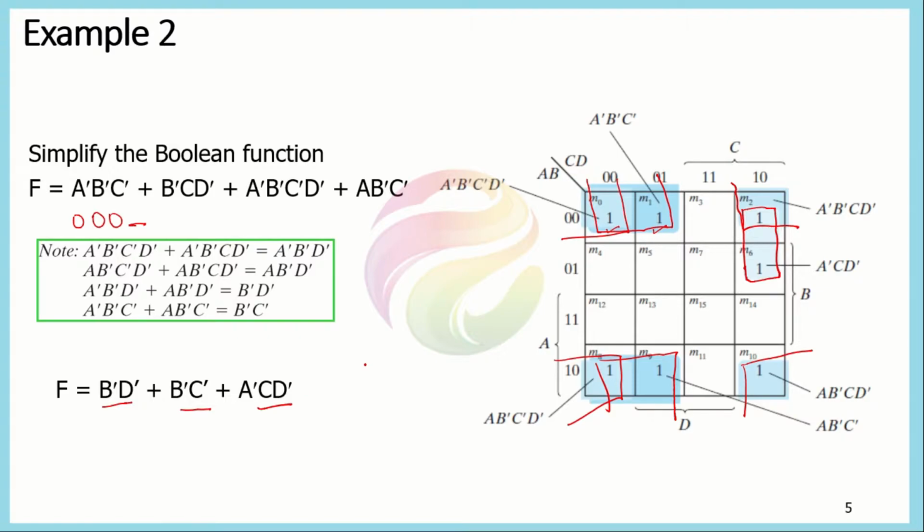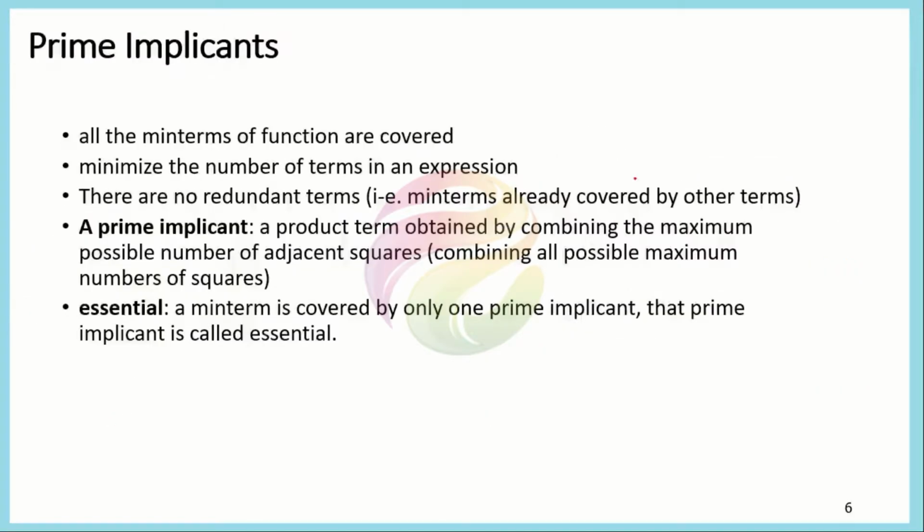So this is the final minimized term. Kindly do note that because these two were considered together, their combination is represented in this way, and similarly its combination is represented in this way, so they can be further combined to give us this result, this one and this one.